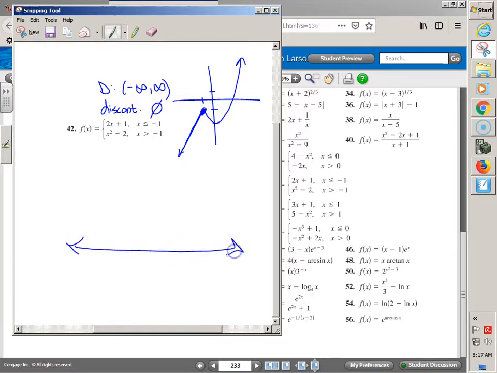But we still need to look at our derivative, because we don't just put domain problems and discontinuities in the sign chart. We also put critical numbers. So critical numbers, how do I derive a piecewise function? What if I say derive a piecewise?